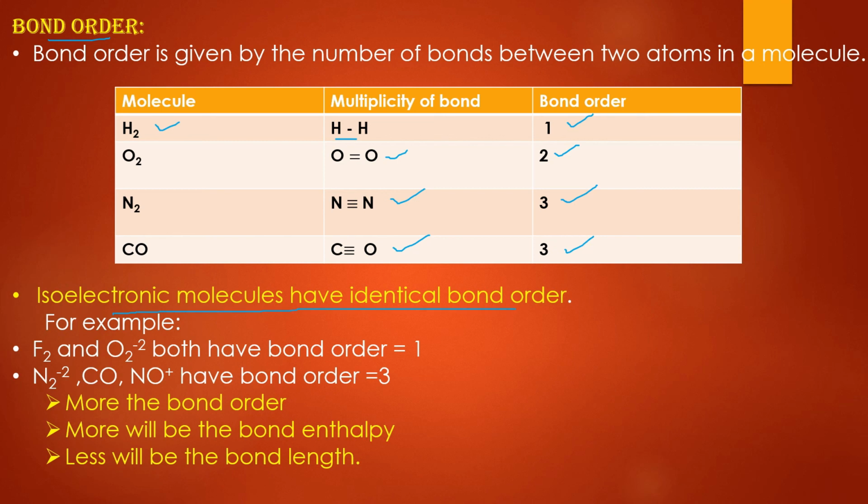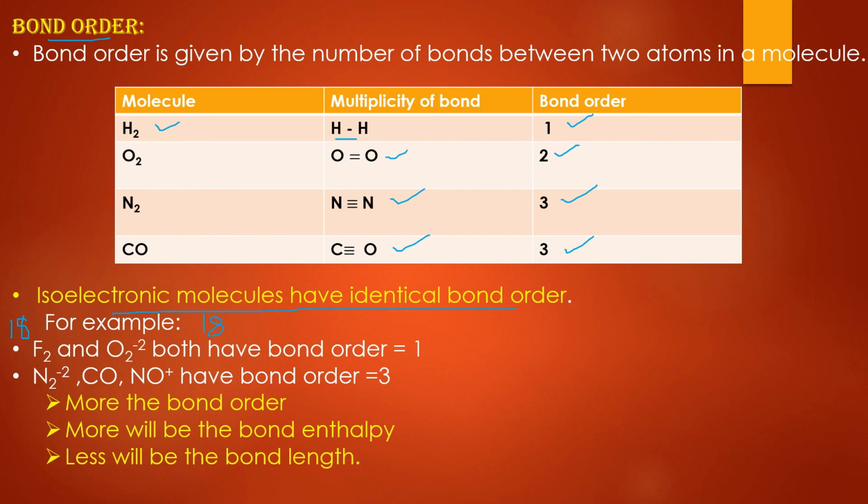Now look here, F2 and O2 minus 2 are both isoelectronic. How? In fluorine there are 9 valence electrons, so 9 plus 9, 18 electrons in F2. In O2, oxygen has 8, 8, so 16, minus 2 means 2 electrons more, so 16 plus 2 is 18. Because they are isoelectronic, meaning they have the same number of electrons, they have the same bond order.